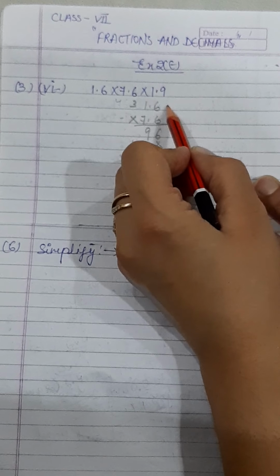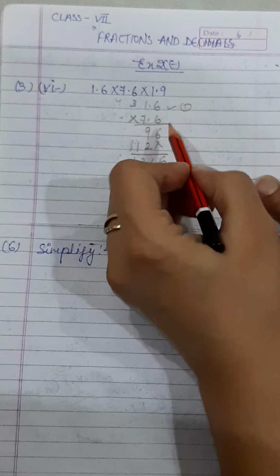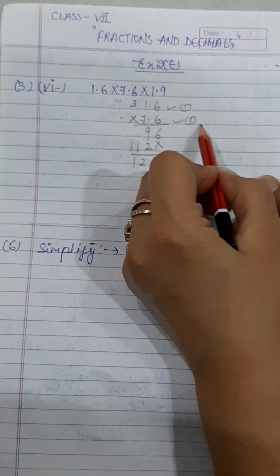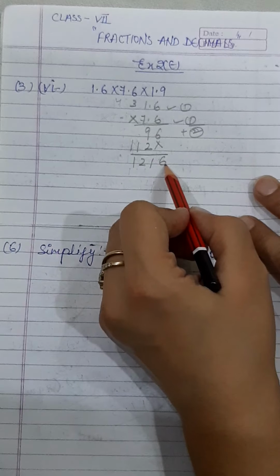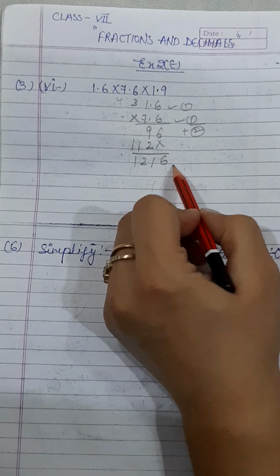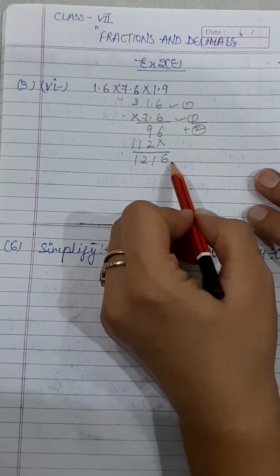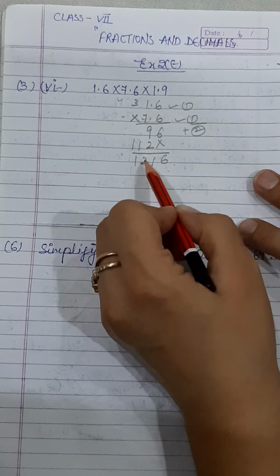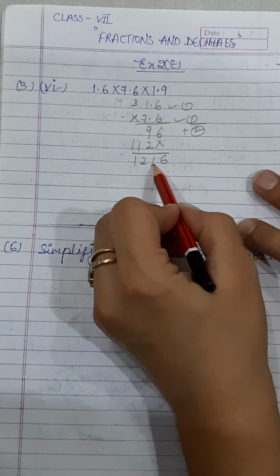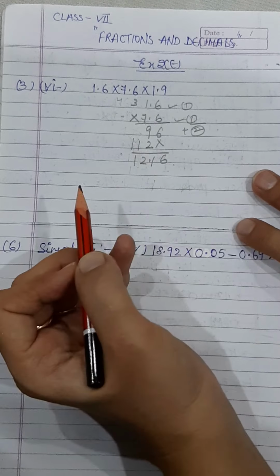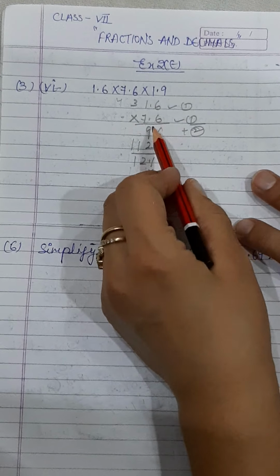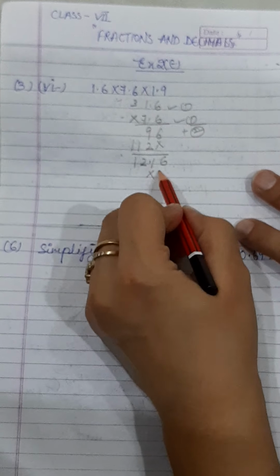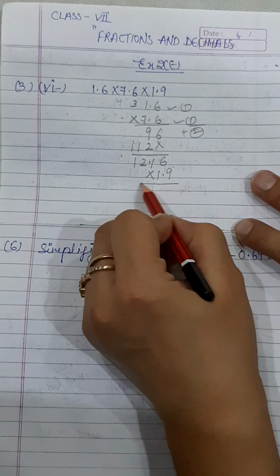Here you can see one decimal place and here also one decimal place. So total decimal places are 2. Clear? So from the right hand side you have to count 2 places and then put decimal. So 12.16, here you have to put decimal. Now again multiply with the next number 1.9.